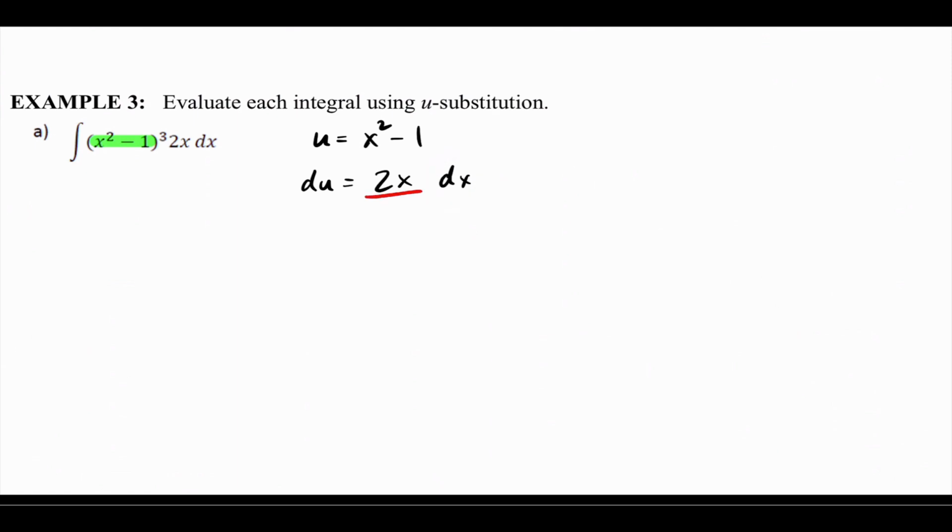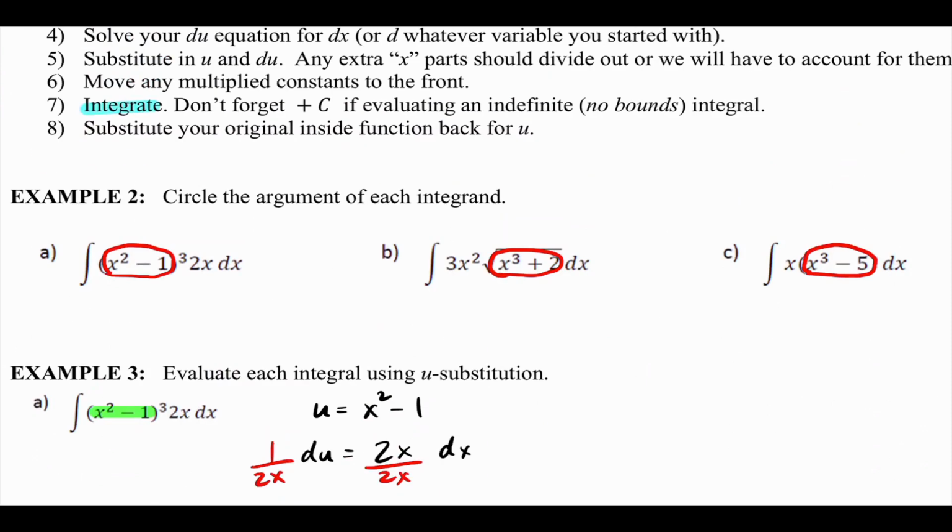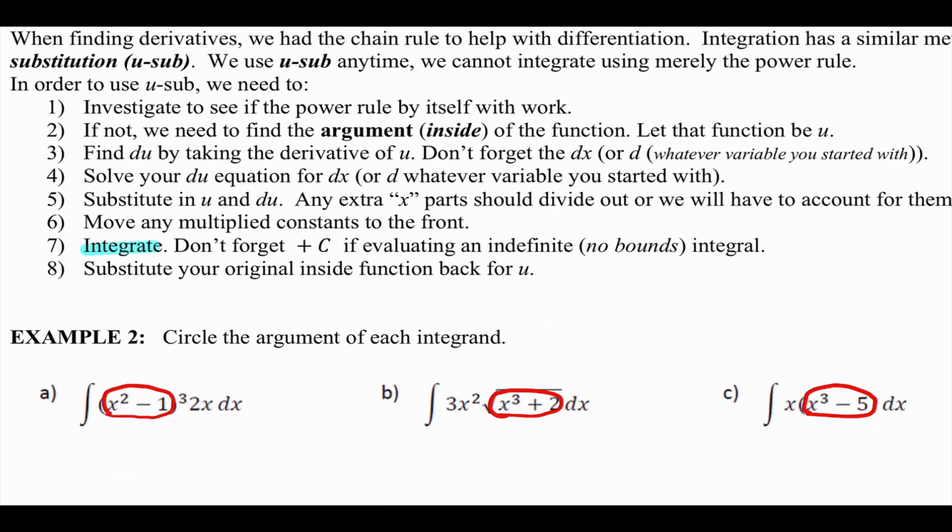Divide by 2x, yeah. Divide by 2x. So instead of dividing, I'm just going to put 1 over 2x. Okay. That's my next step. Done. That was number 4.